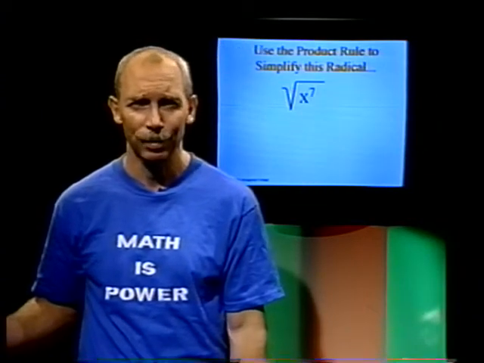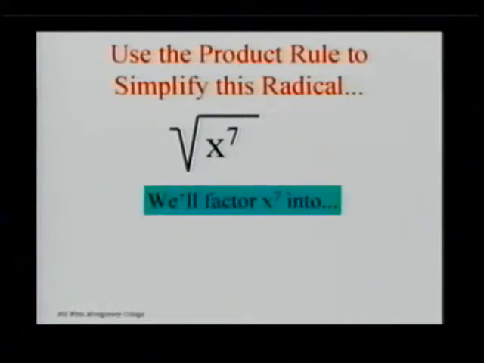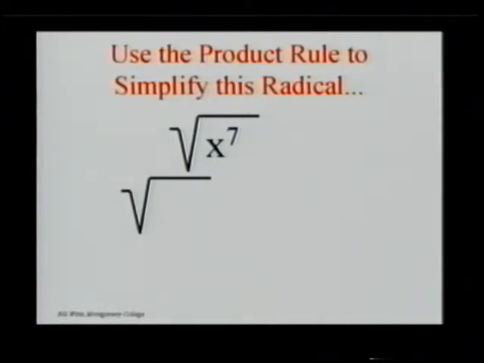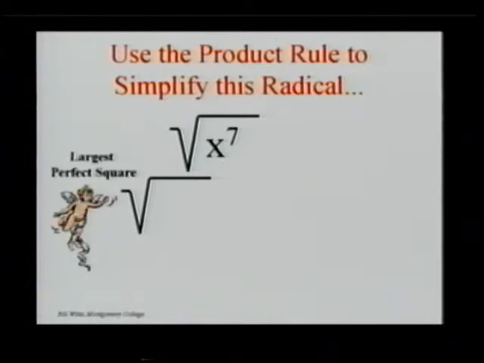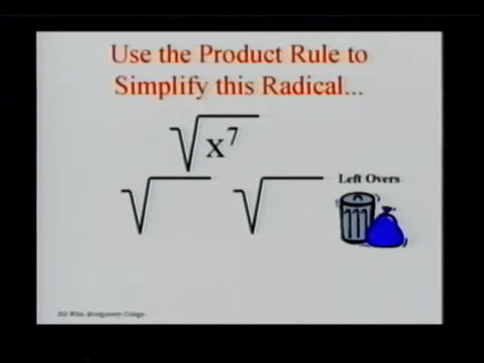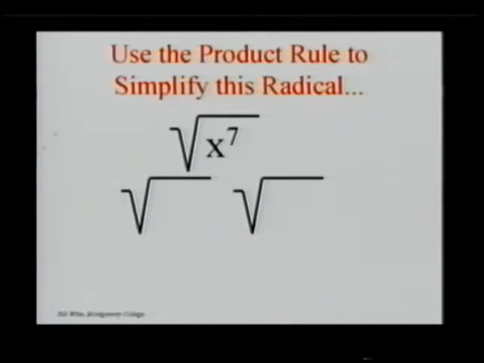Okay? When we involve variables, at least with square roots, we're looking for the largest even square root when we're looking for the good ones. We'll break him once again into good and whatever's left over. The largest perfect square root here, in this case, is going to be x to the 6th, because I know the square root of x to the 6th.